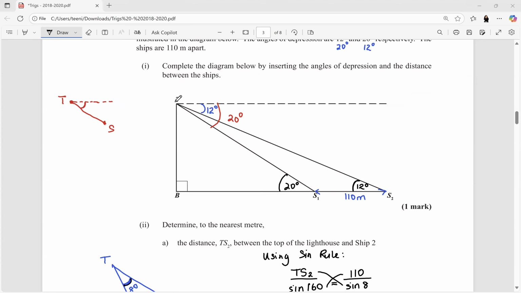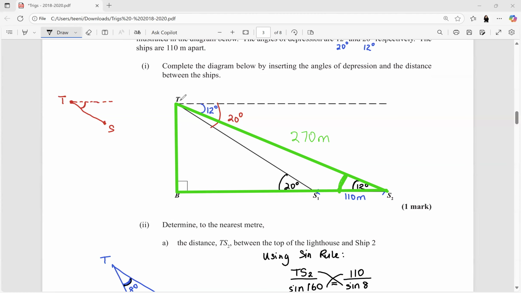So that means we have this right angle triangle here, TBS2. We already know that this angle on the outside here is 12 degrees, and we also worked out that this side is 270 meters. So we can use trig ratios using this angle of 12 degrees and this side of 270 meters to find this side TB.